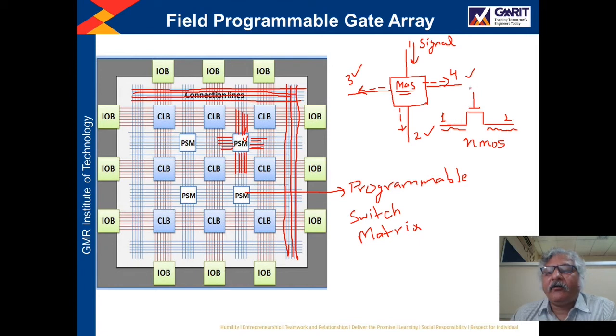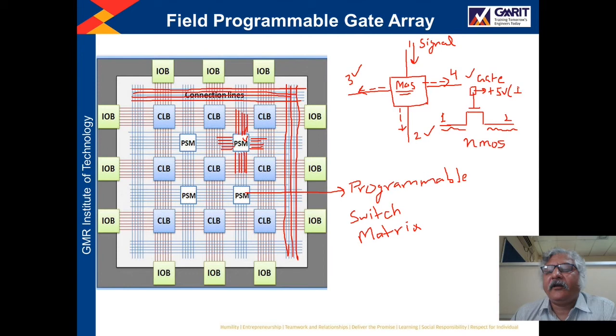To turn on this NMOS, this is the gate of the NMOS, and if to the gate of the NMOS you apply plus 5 volt, that is your binary 1.